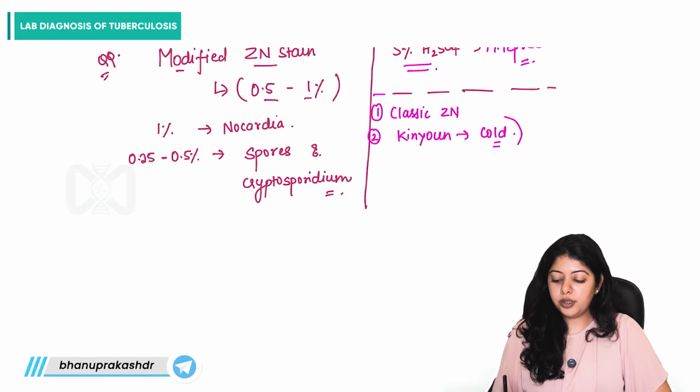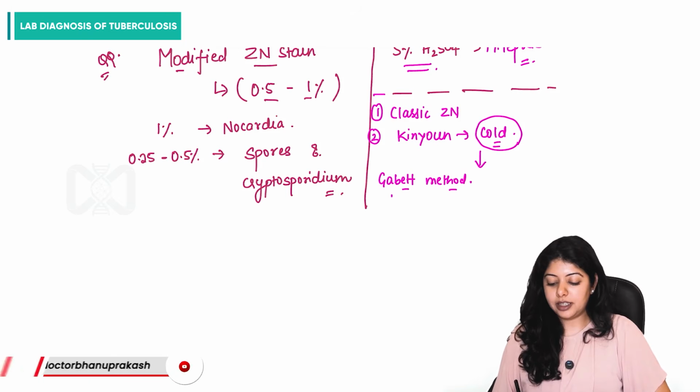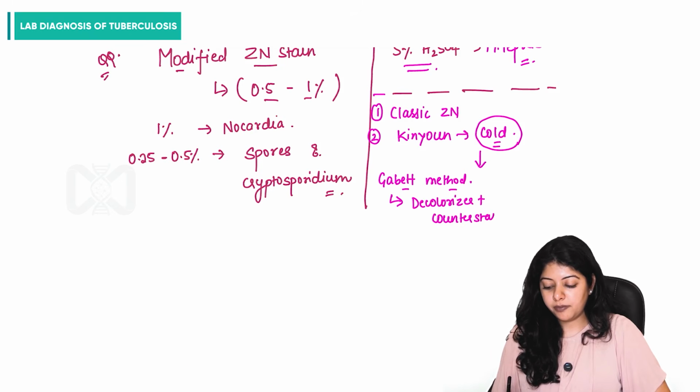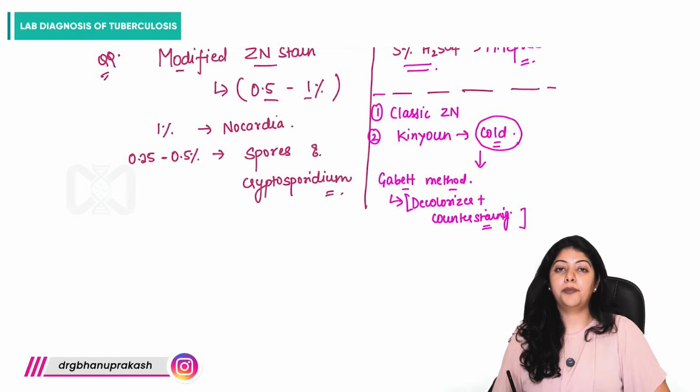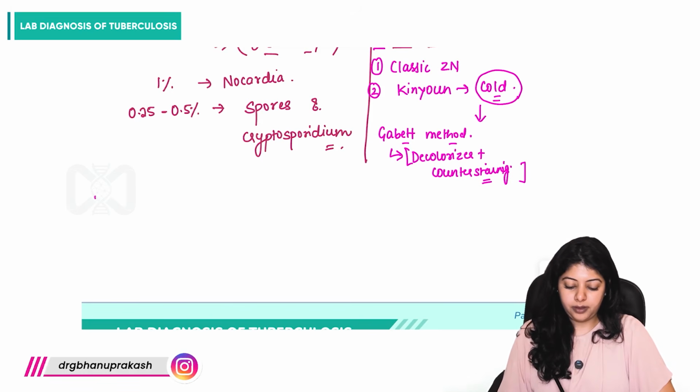And under cold staining, we have another method which is the Gabbett's method, wherein the decolorizer and the counter staining is done in this same step itself. Decolorizer plus counter staining is done in one step itself, right?